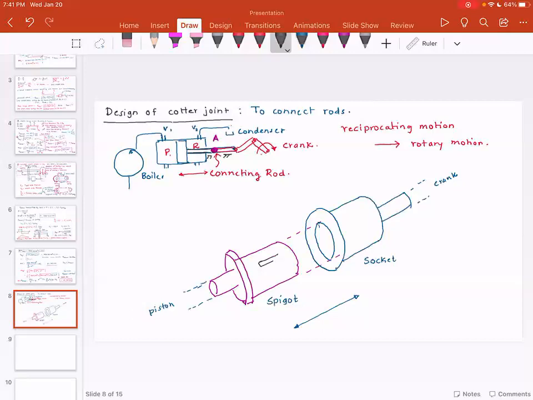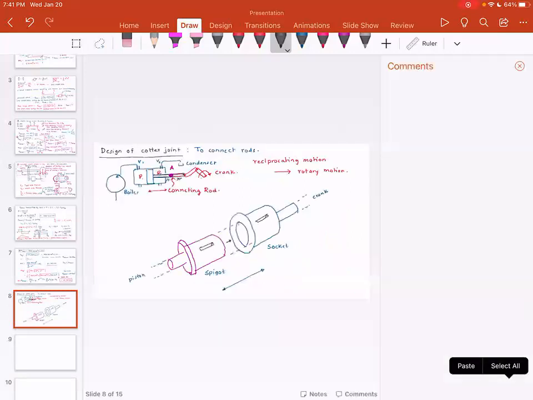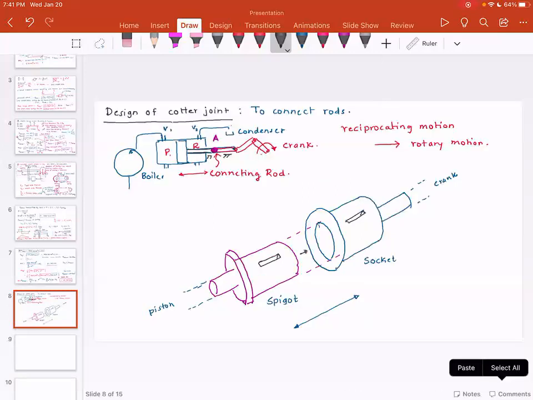Now, there is a cotter. So if you look at the way the cotter is, the spigot goes inside the socket, and then we hammer a cotter in. So there is this cotter. This is called the cotter.